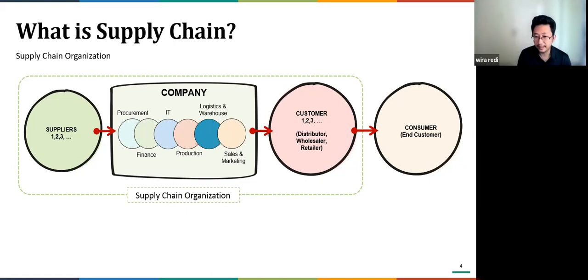So supply chain management in the micro perspective, within each company, really depends, but basically it will include several activities or functions of how to fulfill customer requests. So they need to deal with a lot of departments, or sometimes it also becomes one part of their department.